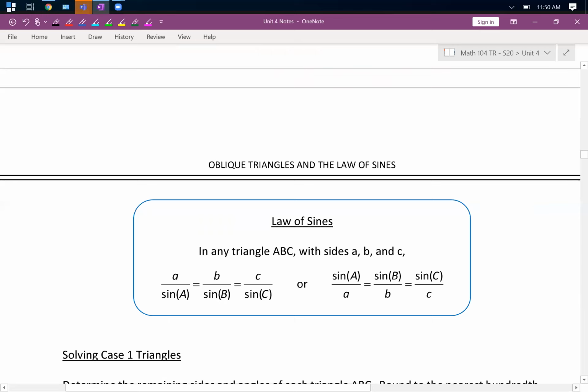You'll see that I have the law of sines written two different ways. Sometimes we might have the side on the top, and other times we could put the angle on top.